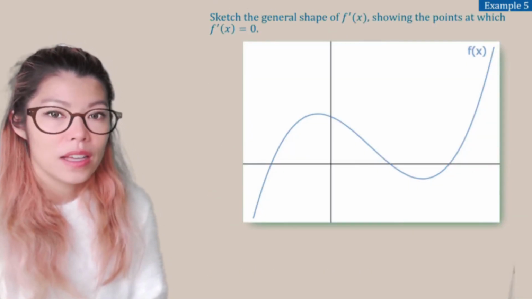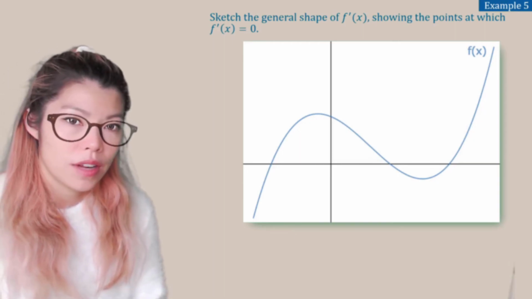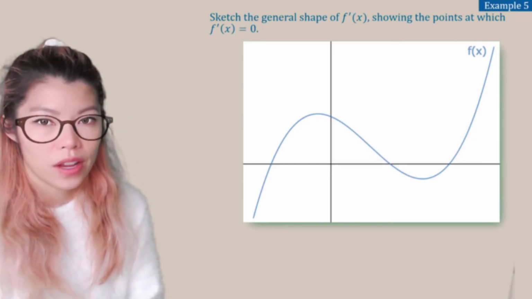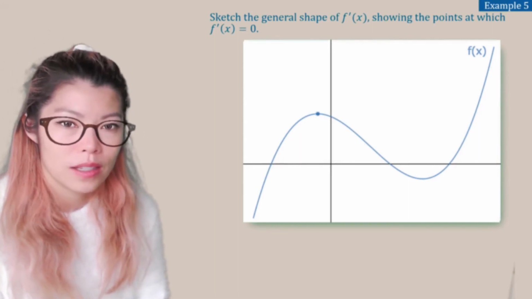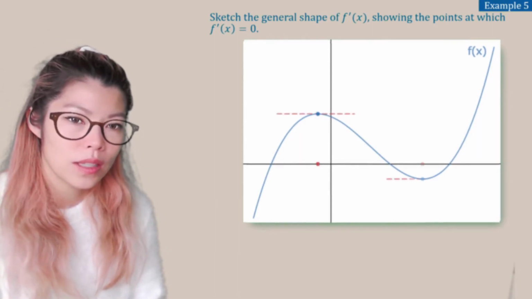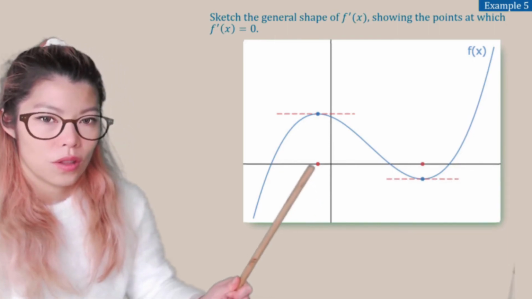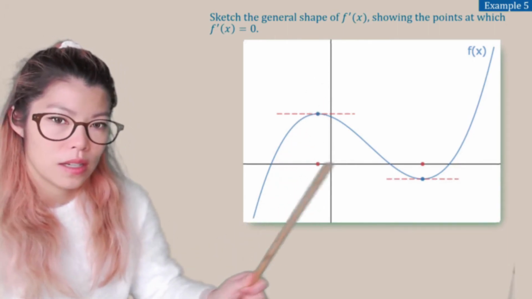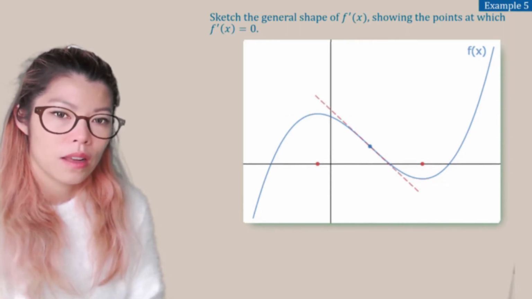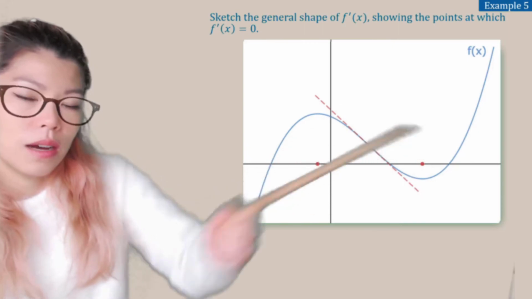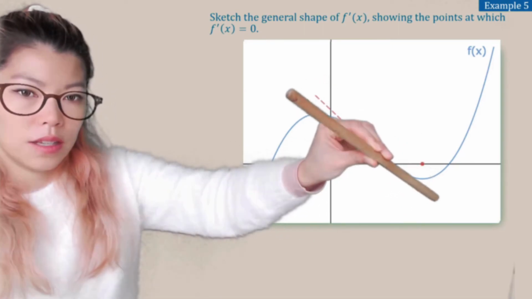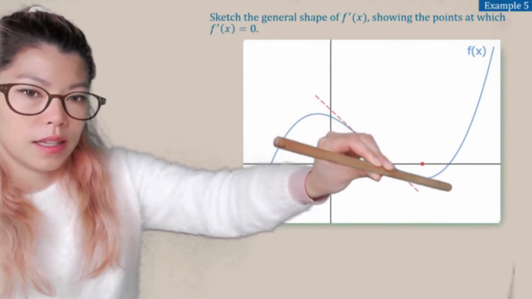Example 5, sketch the general shape of f dash x showing the points at which f dash x equals 0. Again, we've done this so many times, you should be good at this. The gradient equals 0 at those points. Now the gradient is negative at that point, and it's very steep, and then it becomes less and less negative.